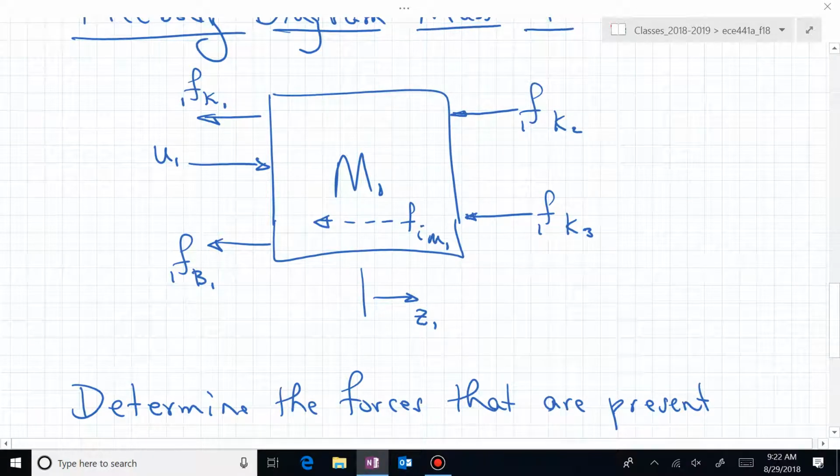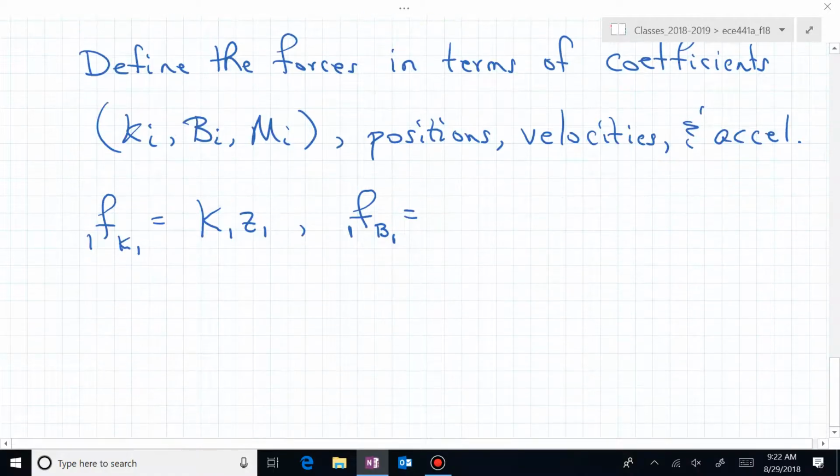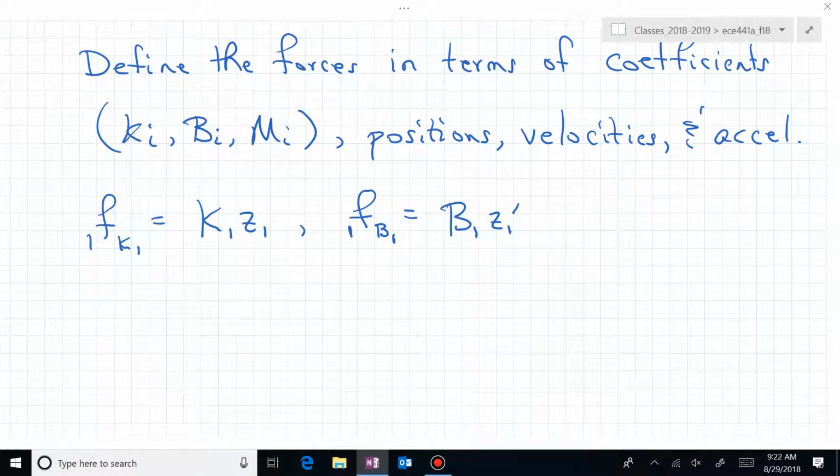What's going to produce a positive force to the left when we have a velocity of mass 1 to the right? Just B1, the dash pot coefficient, times Z1 prime. That's our dash pot force relationship. It's the coefficient B1 times the velocity, or difference of velocities, of its endpoints. Here we just have one end of that dash pot that's free to move, and that's the Z1 end.